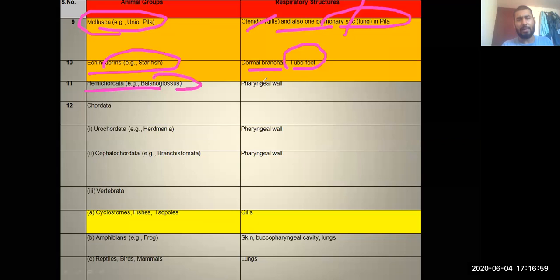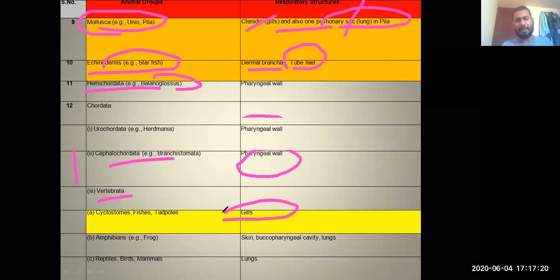Hemichordata, Balanoglossus, pharyngeal wall. And Chordata: they have the divisions Urochordata, Cephalochordata and Vertebrata, so they have the three divisions we know very well. Urochordata, that is Herdmania, has the pharyngeal wall which performs respiration, and Cephalochordata also the pharyngeal wall.